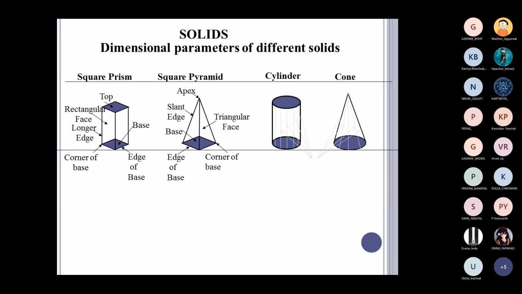We can expand these components and easily calculate how much material we need to buy to manufacture a certain number of products as per the design. That is the main criterion, and that's why we are studying this topic.